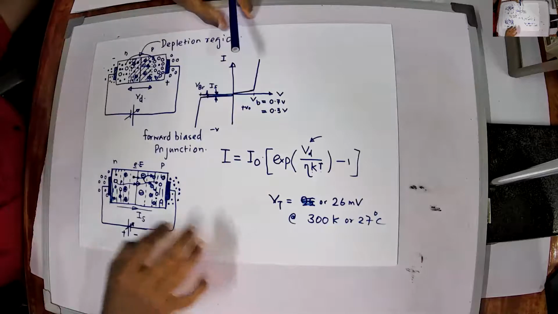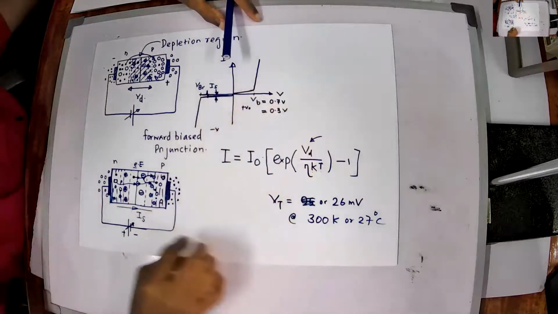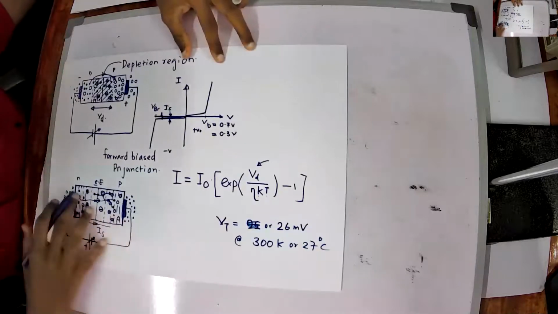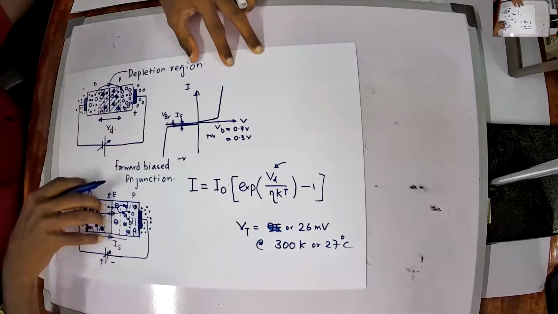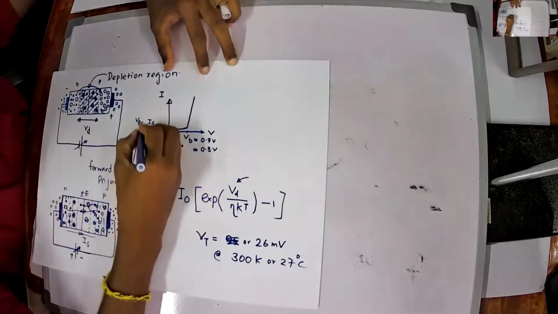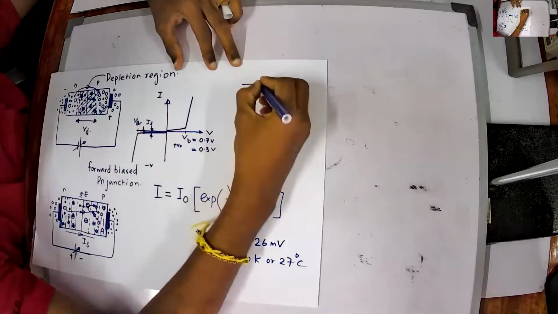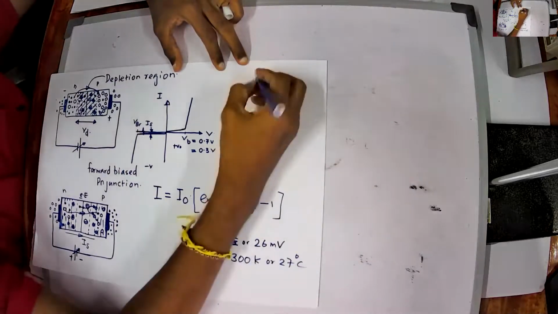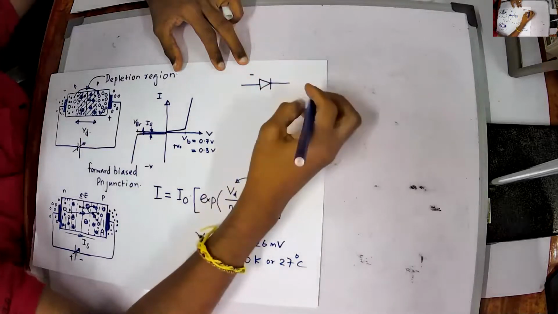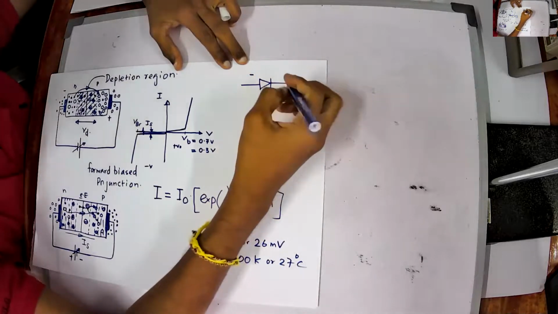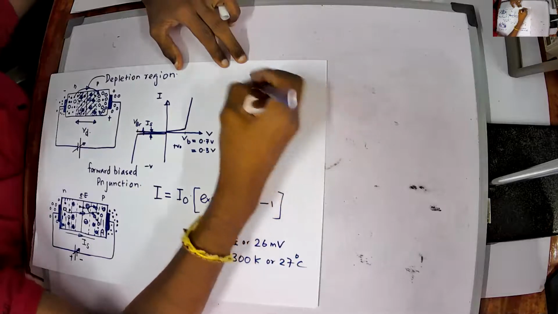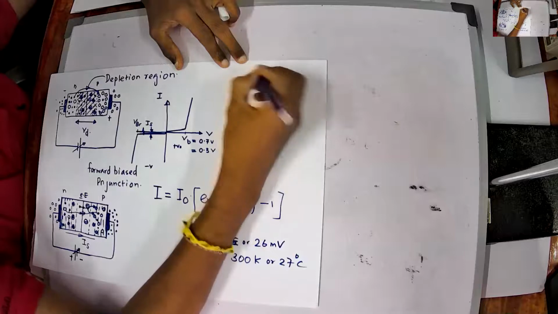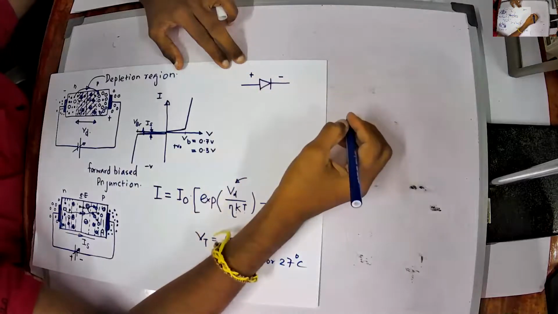So this is the forward and reverse bias characteristic of a PN junction diode. So in simple words, this is the symbol of a PN junction diode, where this is plus, and this will be your minus.